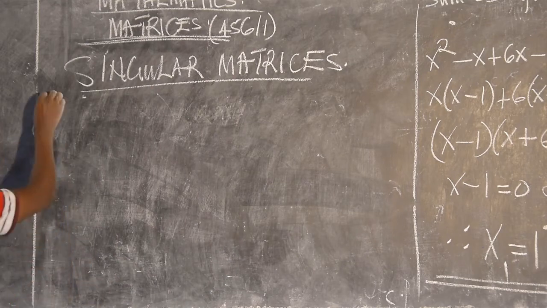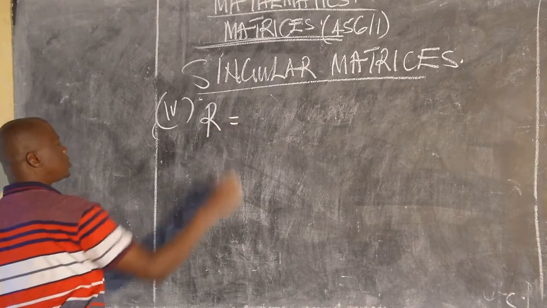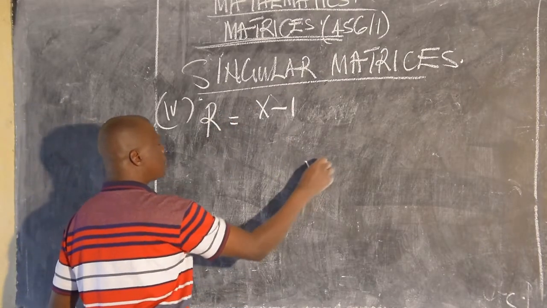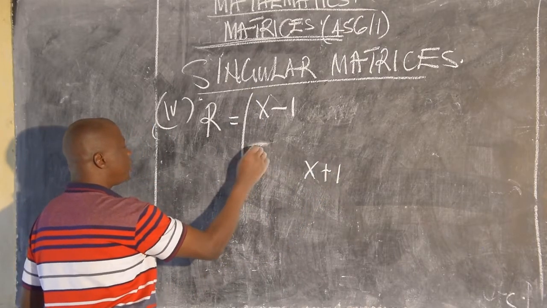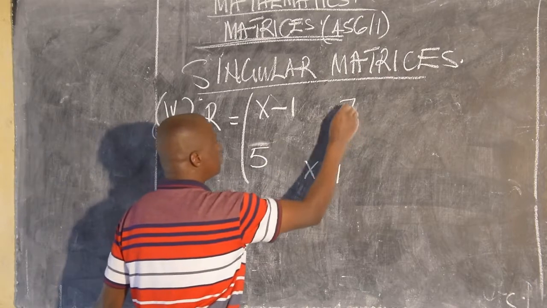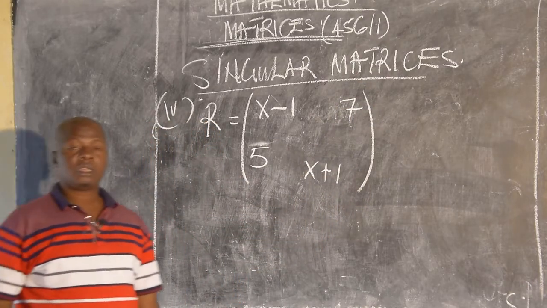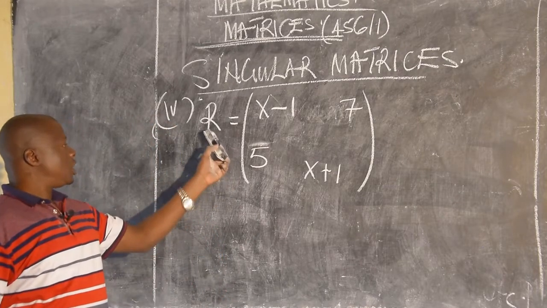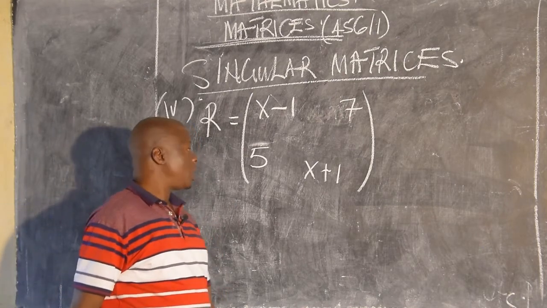Example 4, we have matrix R equal to x minus 1, x plus 1, 5, 7. They want us to find the possible values of x, given that matrix R is singular.